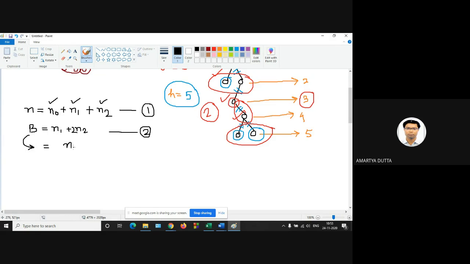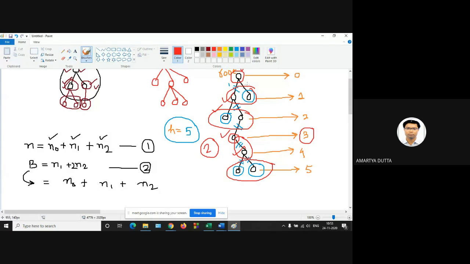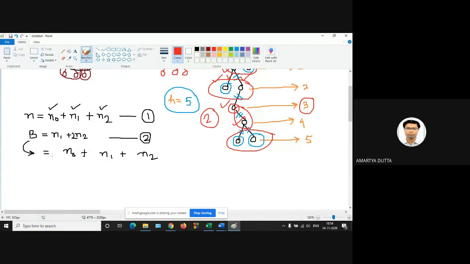We can deduce B from this one. I'm writing n0 plus n1 plus n2 plus n2. These are the branches: this one branch, this one another branch, this one branch, this one another branch. So the branches can be written in this form.